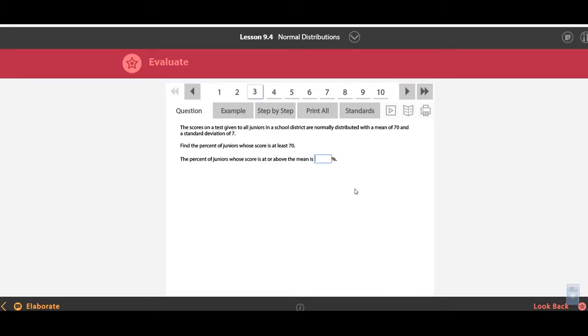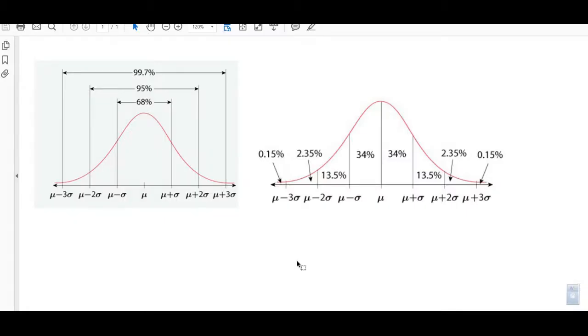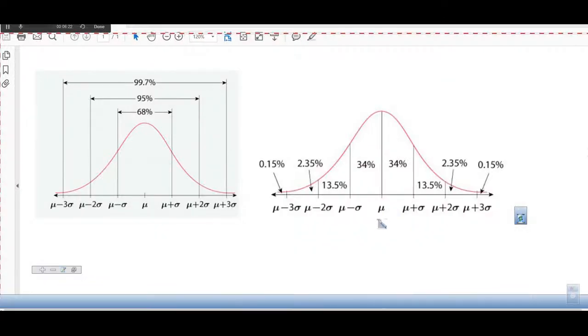All right, here we go. The scores on a test given to all juniors, this is starting to sound familiar, are normally distributed with a mean of 70 and a standard deviation of 7. Find the percent of juniors whose score is at least 70. Well, this is going to be pretty darn not challenging, because if the mean is 70, 70 is right in the middle.